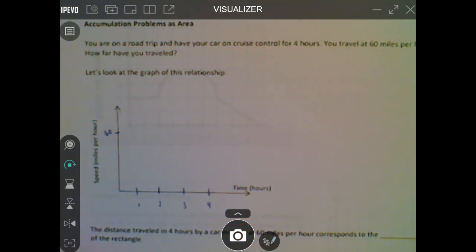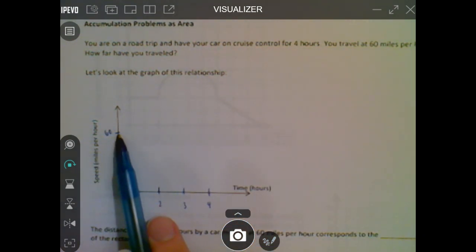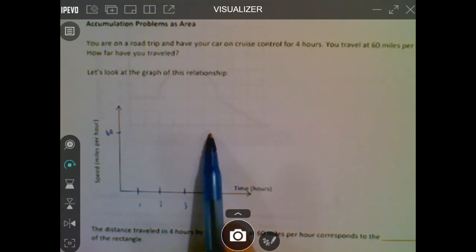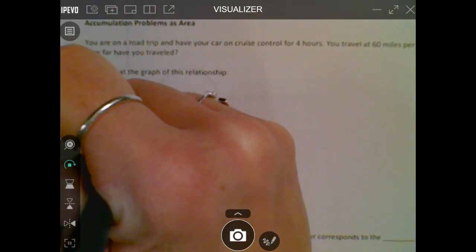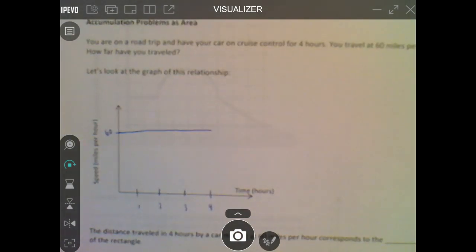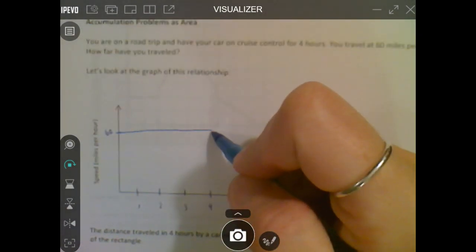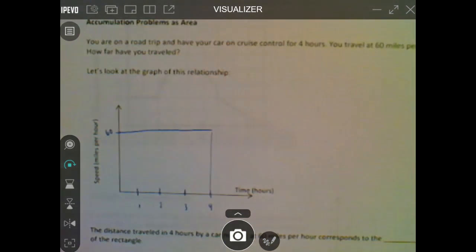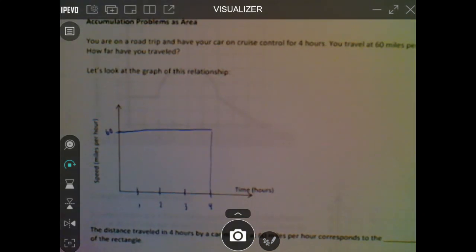So if we're traveling at a consistent speed of 60 miles per hour, that's going to mean that our graph is going to look like a horizontal line. We're not slowing, we're not speeding up. It's just this function that is constant over the 4 hours. And if I were to drop down this line here, it's not a great rectangle, but you get the idea.